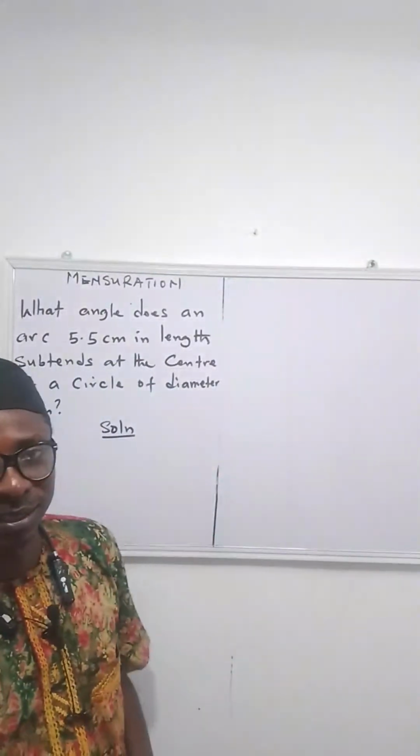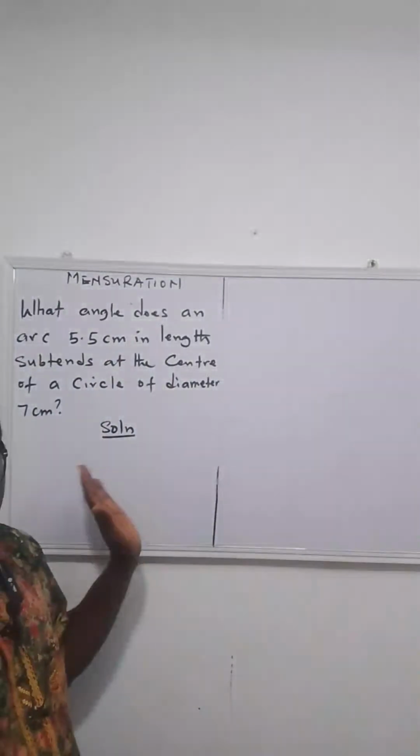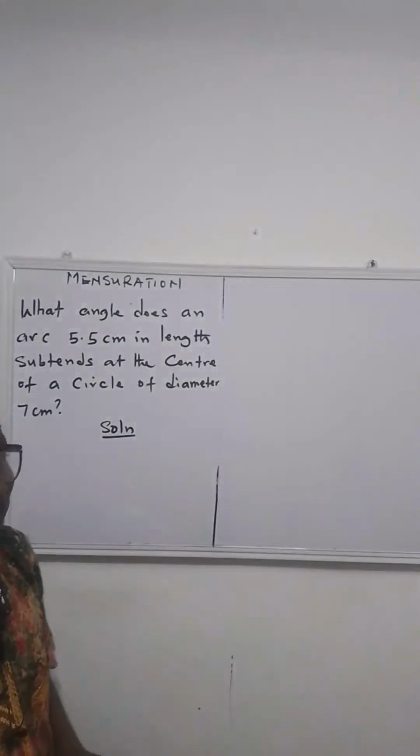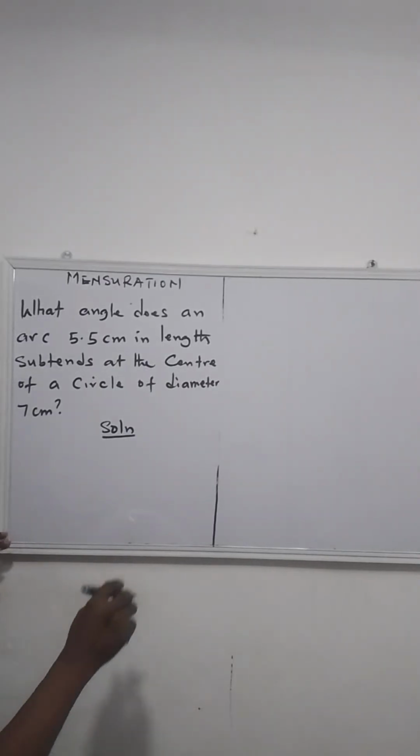While you are doing that, you can compare with what I'm going to have here. The question says, what angle does an arc 5.5 centimeter in length subtend at the center of a circle of diameter 7 centimeters?